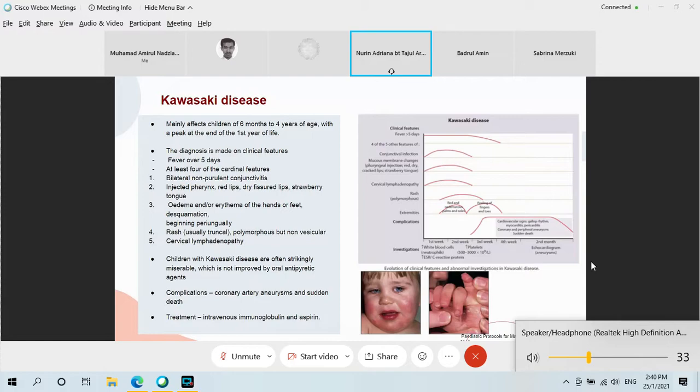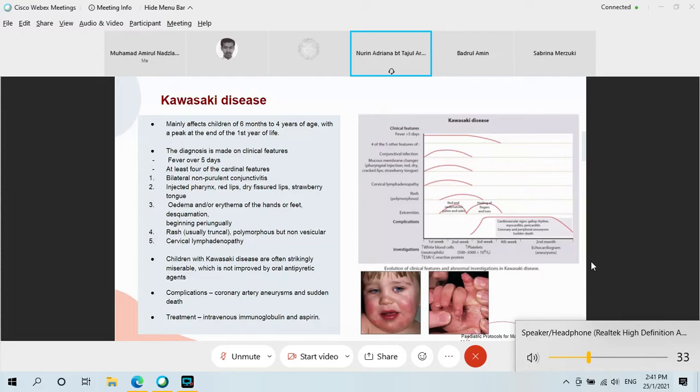And then for complication, the child might get coronary artery aneurysm because this is a vasculitis disease and it may affect the blood vessels of the heart, causing bulging of the weakened blood vessels, and that is why they get coronary artery aneurysm. So if there is any blockage in the coronary arteries, it might cause myocardial infarction.